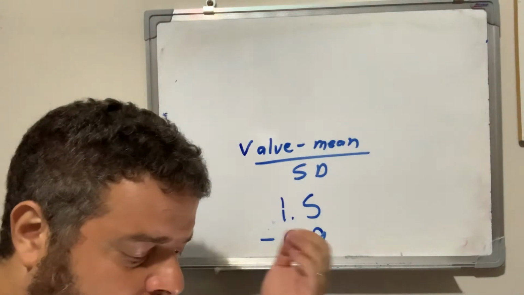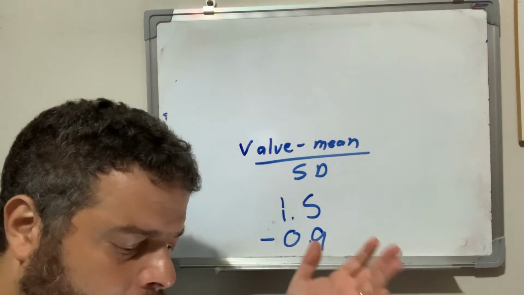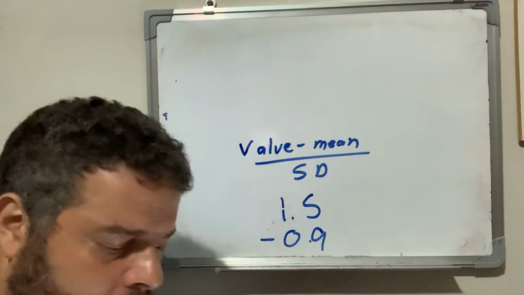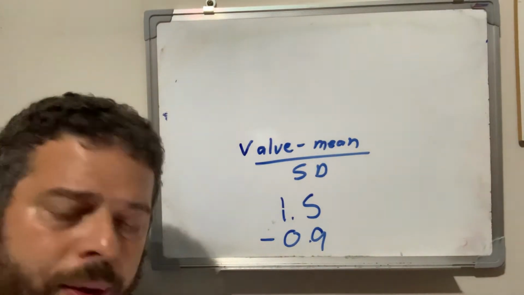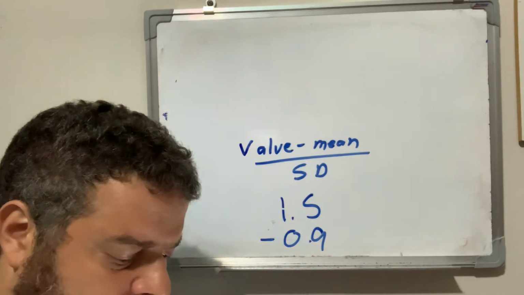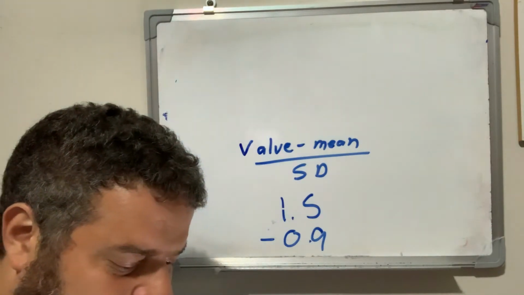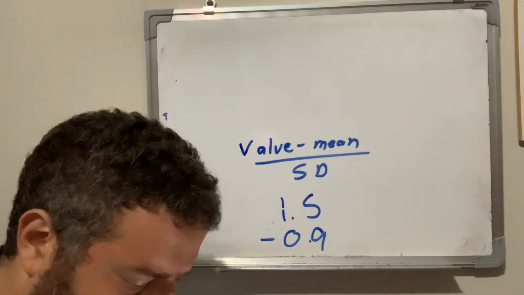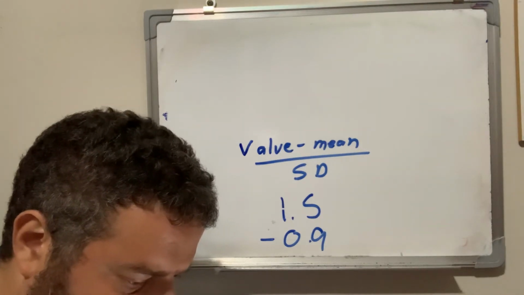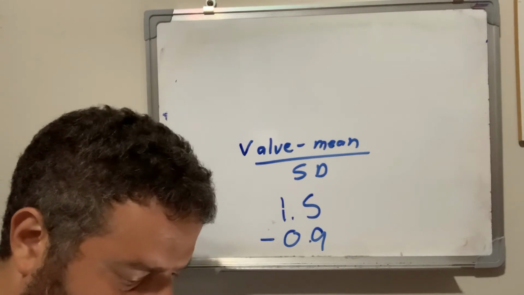So let's go over a problem that they give us on page 203. It says, find and interpret the Z-score for Jacob, who earned an 18 on the test. One second, I do have to find the other values.